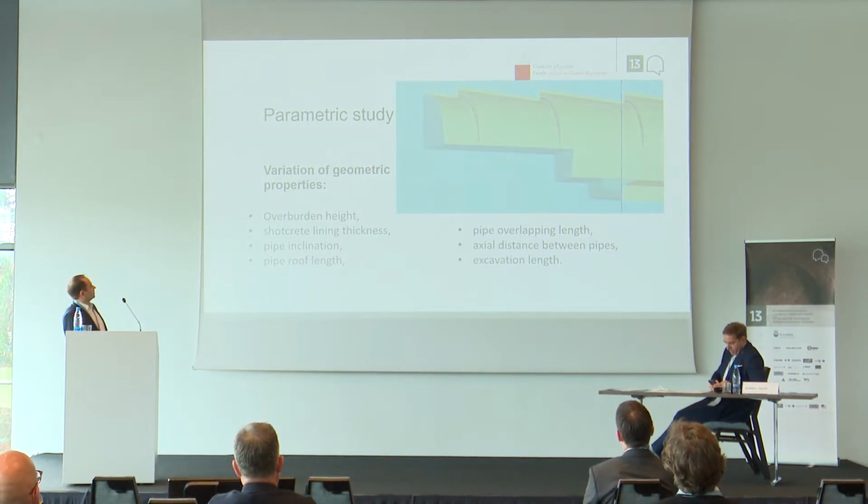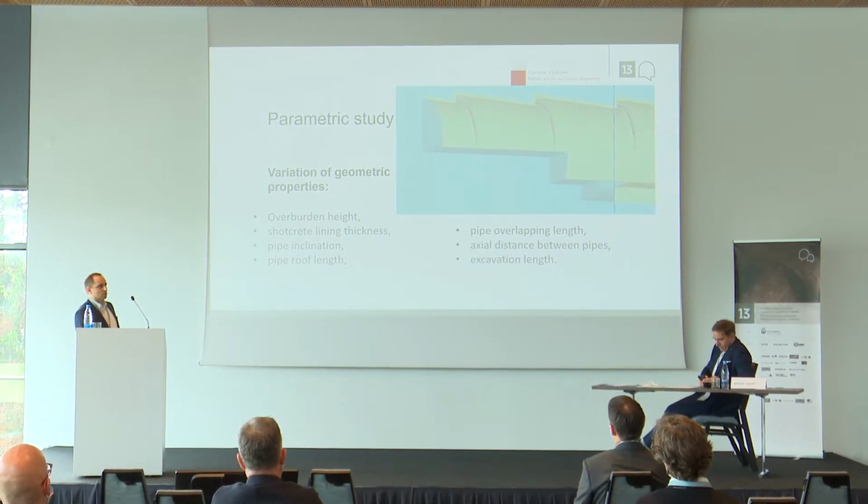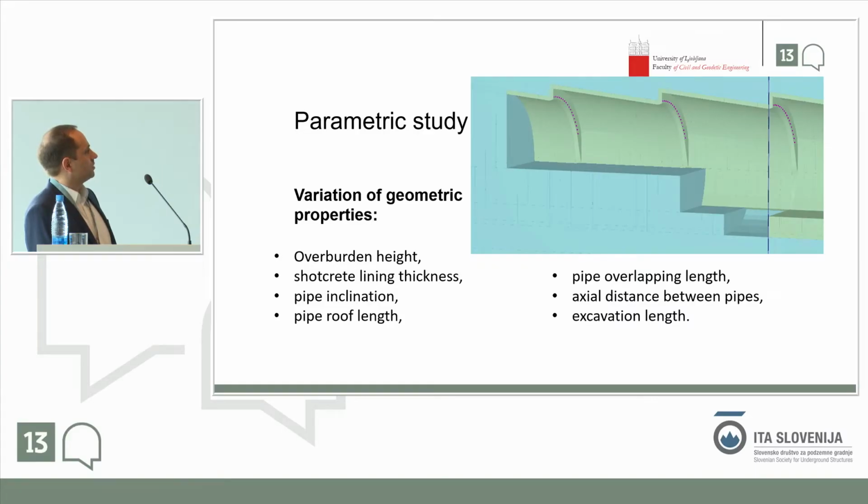Now, approximately 20 parameters of this model were varied during our parametric study. For each of these parameters, we analyzed how the variation of one particular parameter affects the output parameters.